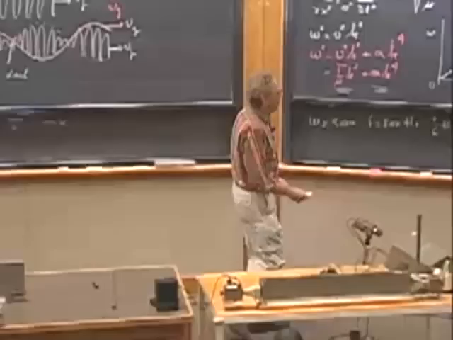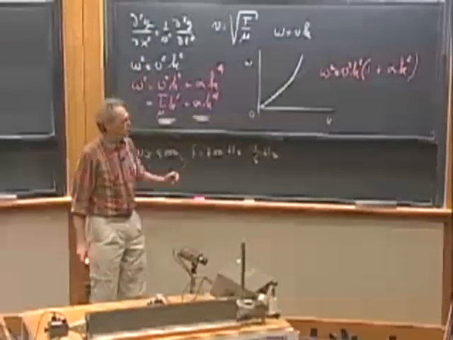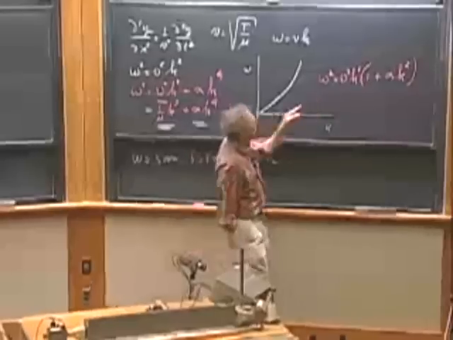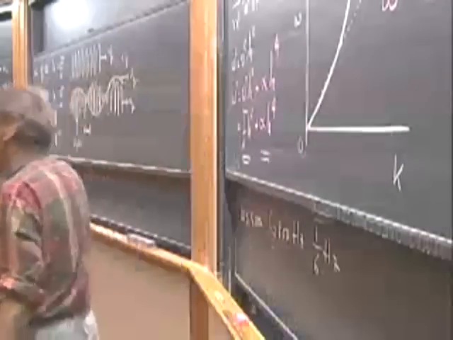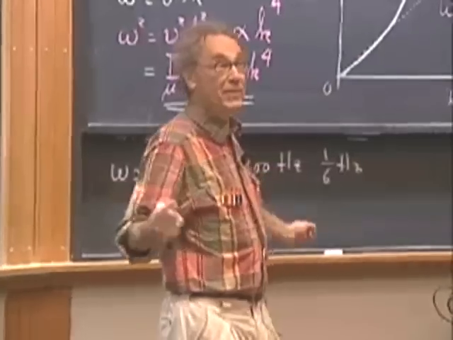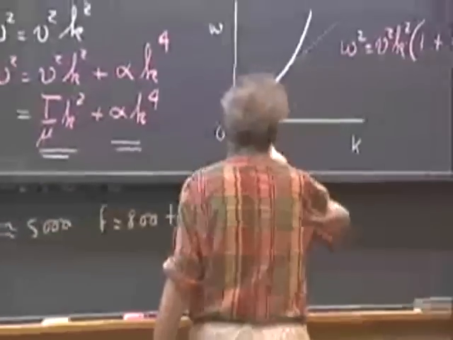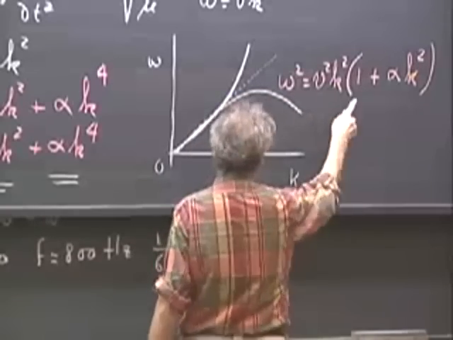If I make alpha positive, it will turn up. That's the general idea. If you plot it, it goes like this. If you make alpha negative, which is not the case for a string, it's just in this toy model, I can put alpha minus, right? If you put alpha minus, then you're going to get this. And if you go to very high values of k, it will even turn over.